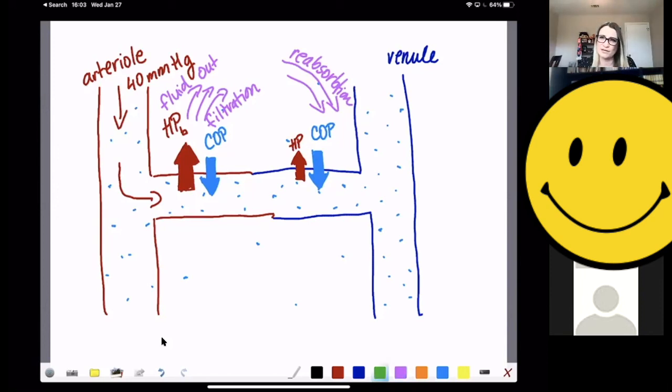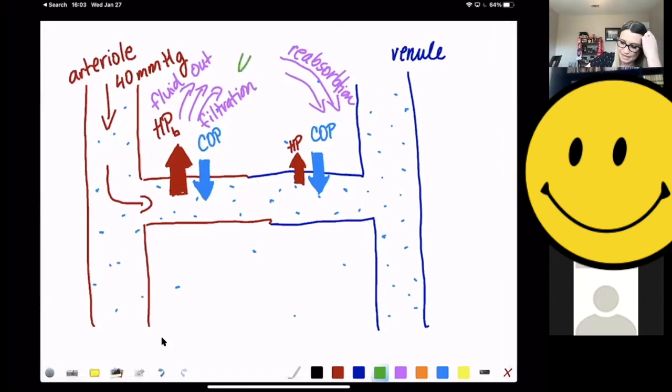About 85 to 90% of all the fluid that was filtered out will return into the capillary at the venous end, but not all of it is going to return back into blood. Part of the fluid in the interstitial space will be taken by the lymphatic capillary, about 10 to 15% of the fluid that enters the interstitial space.